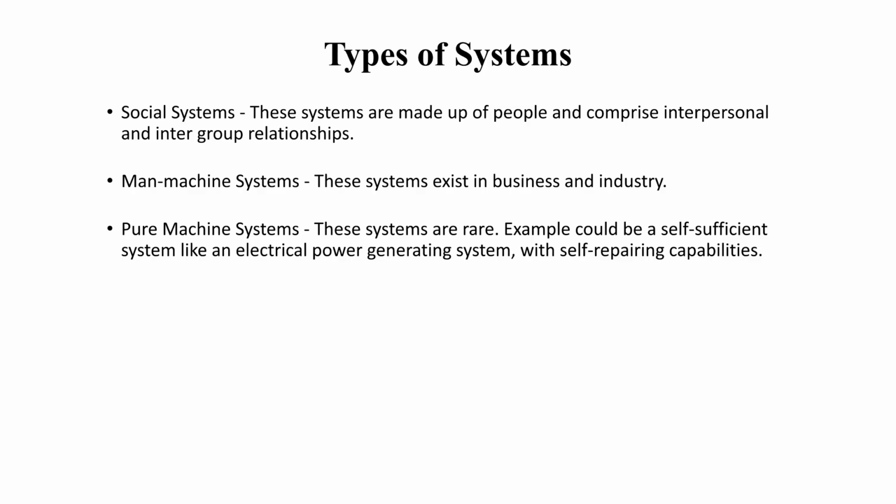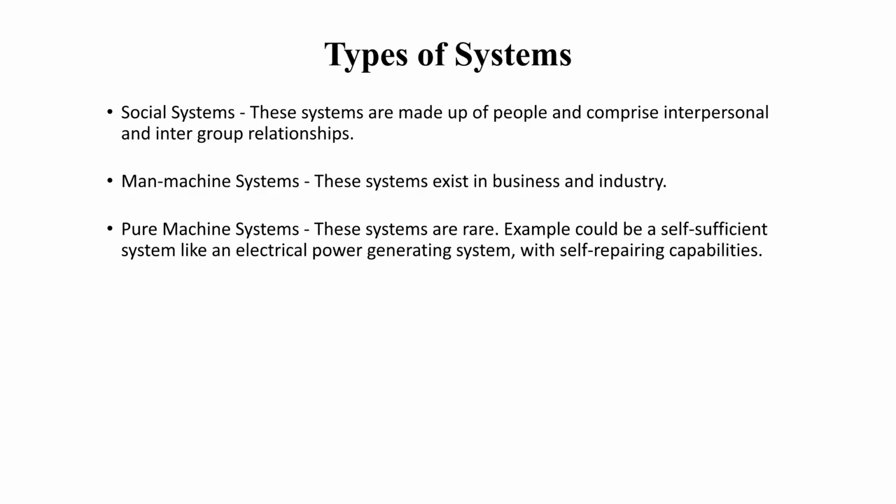These systems are very rare, and from the name we can understand that here the machine performs everything. That means the system is totally automated. An example could be a purely self-sufficient system like an electrical power generating system with self-repairing capabilities. Yes, the system can repair itself.